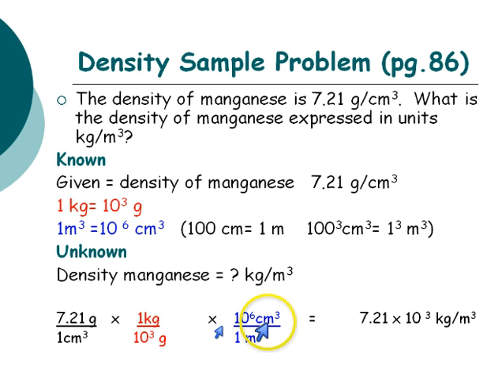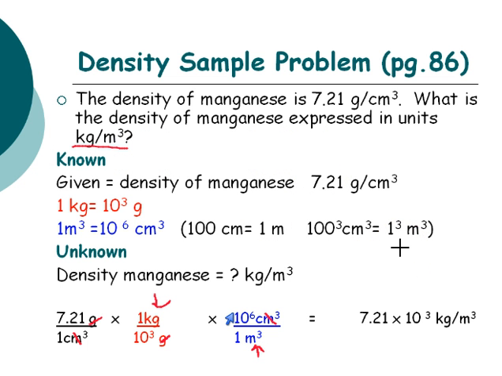We have 1 cubic meter is 10 to the 6 cubic centimeters. Now we have grams canceling out, and now we have cubic centimeters canceling out. What's left is kilograms and cubic meters. And that's what the question asked for.